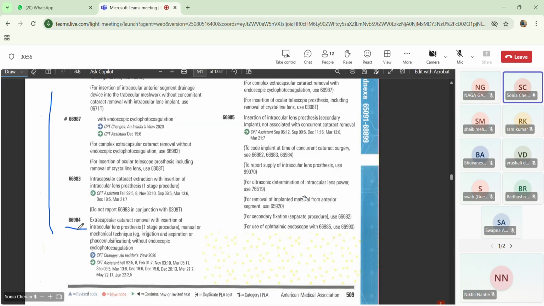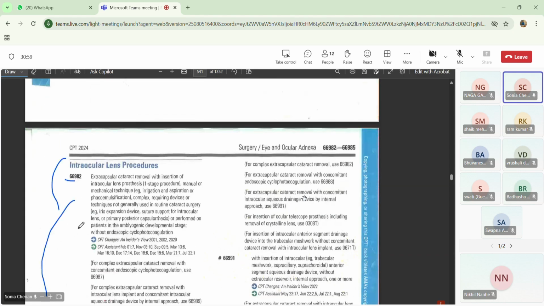But if they are doing a cataract procedure and require devices which are generally not used in a cataract surgery, such as capsular tension rings, these rings are used to support the lens.